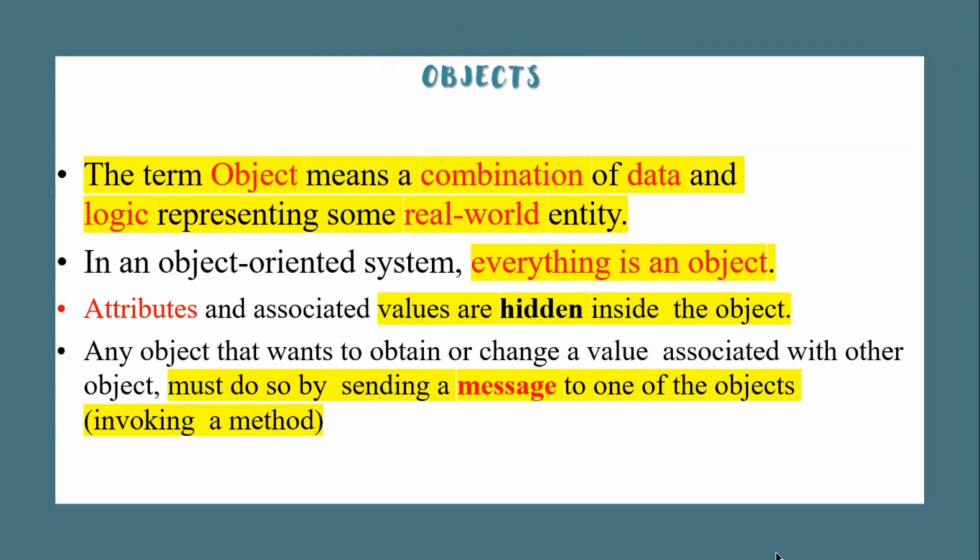Attributes, what are the attributes? Attributes and associated values are hidden inside the object. As we said, an object is a combination of data and methods, and these attributes are inside the object, kind of hidden. Any object that wants to obtain or change a value associated with another object must do so by sending a message to one of the objects, invoking a method.